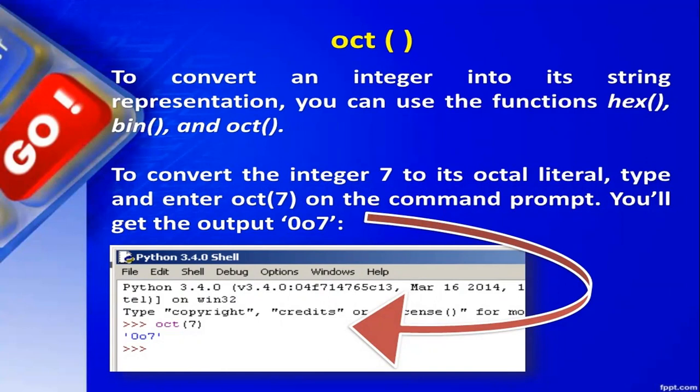So to convert the integer 7 to its octal literal, we will write oct, that is the function name, and in the bracket we have to pass an argument. Argument is like, for example, if you're cooking, you have ingredients you require for the recipe. Similarly, in Python, when you take a function, you have to give things that are required for that function.